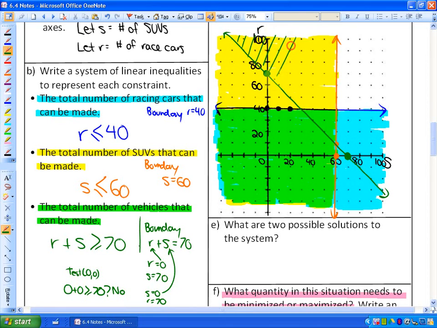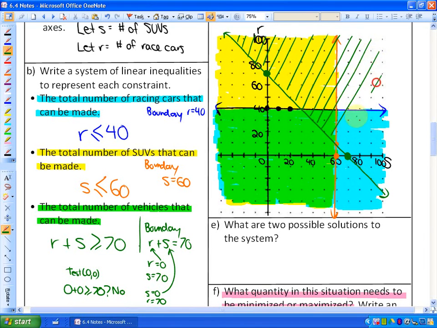Since I'm out of colors that would combine to make a certain color, I'm just going to use lines like this. You'd shade the opposite side. So the solution region is where the yellow and the blue and the green lines overlap. So you can see here that your solution region is this triangle right there. Okay, so this is your solution region.